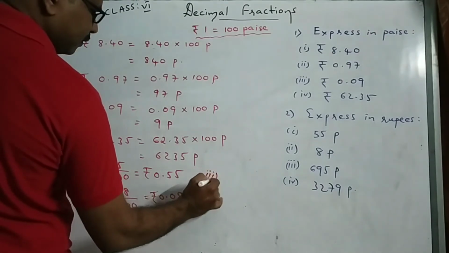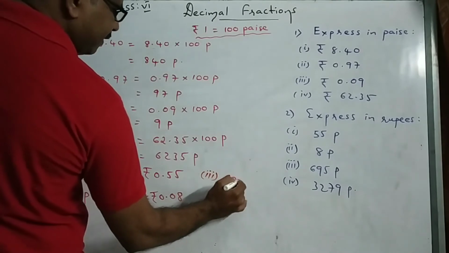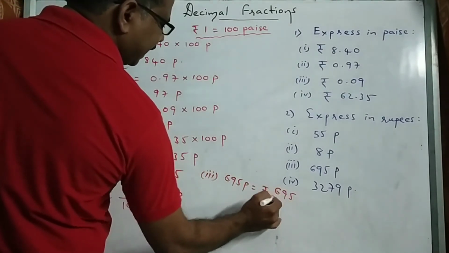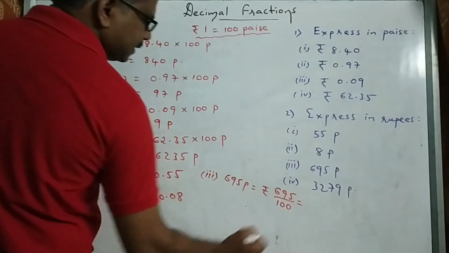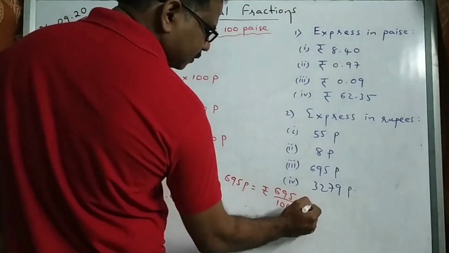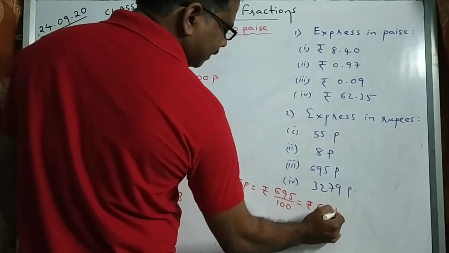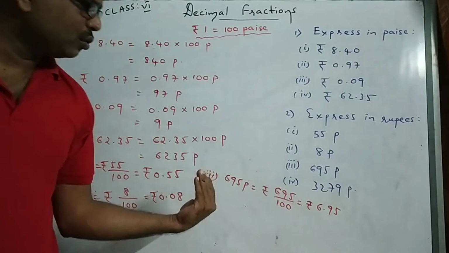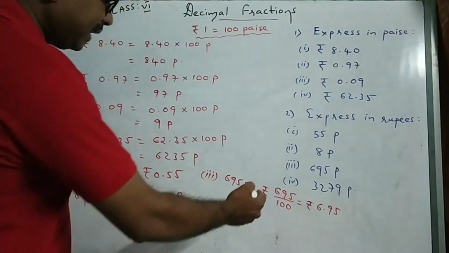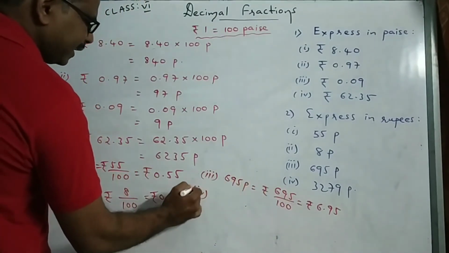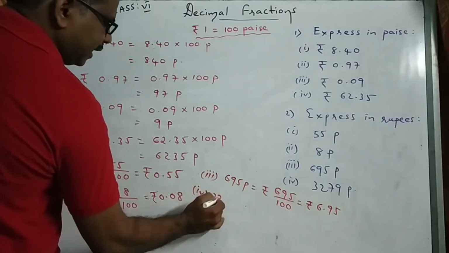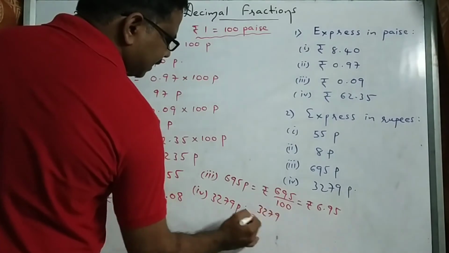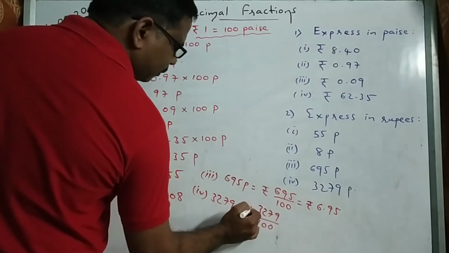Third one, 695 pies means 695 by 100 rupees. After 2 digits, so rupees 6.95. Count from the right side, 1, 2. After 2 digits you should keep the decimal because we have 2 zeros in the denominator. So 3279 pies means 3279 by 100 rupees.